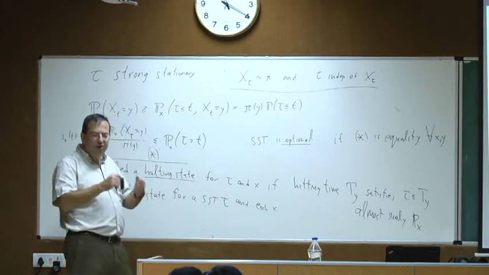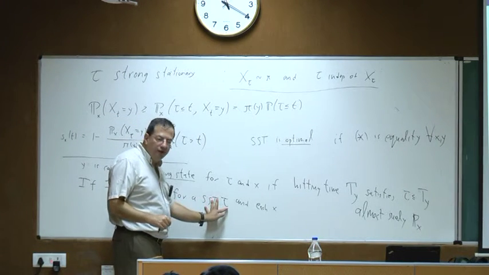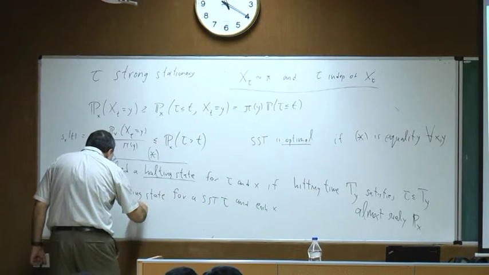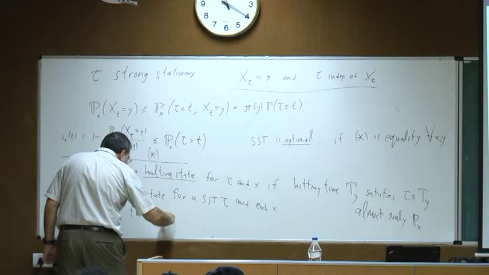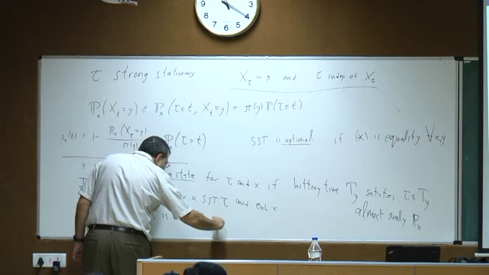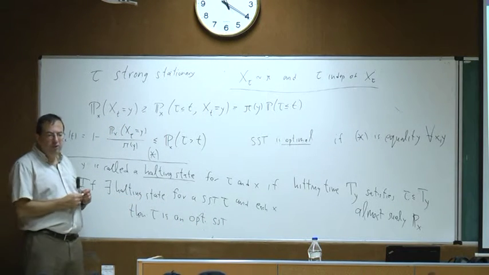There's no one halting state. But if we have a stopping time tau, a single one, so that for each x we have a halting state, then tau is an optimal strong stationary time. So then tau is really the best.